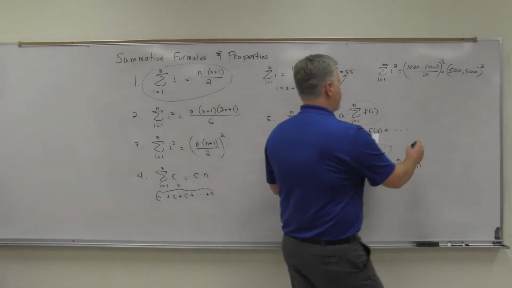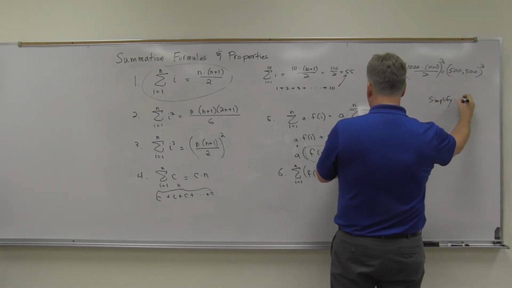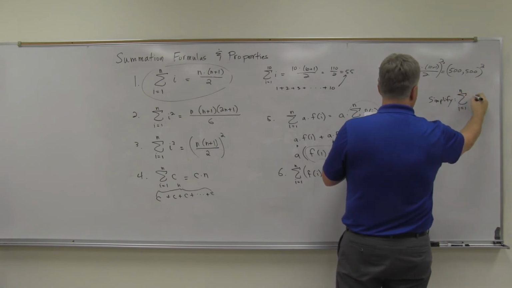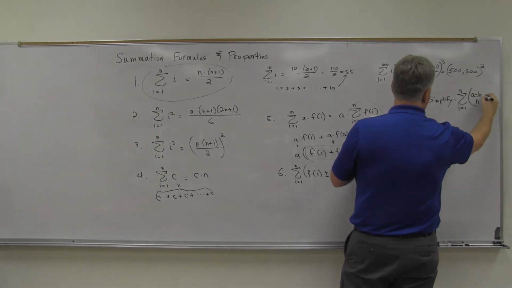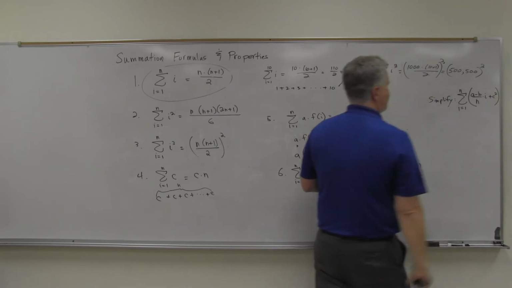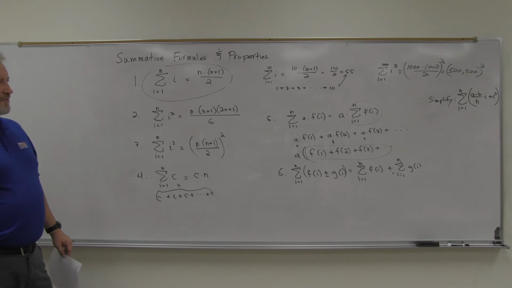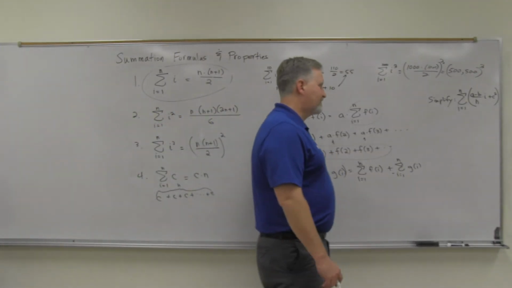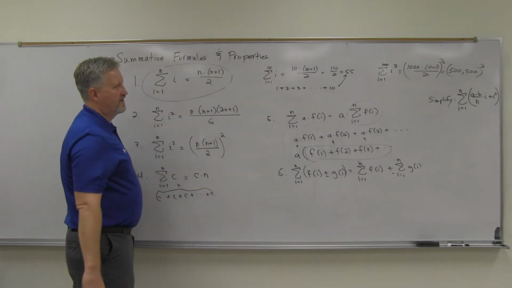Let's simplify the summation i equals 1 to n of (a minus b over n) times i plus c squared. Well, it's using these properties as we can.